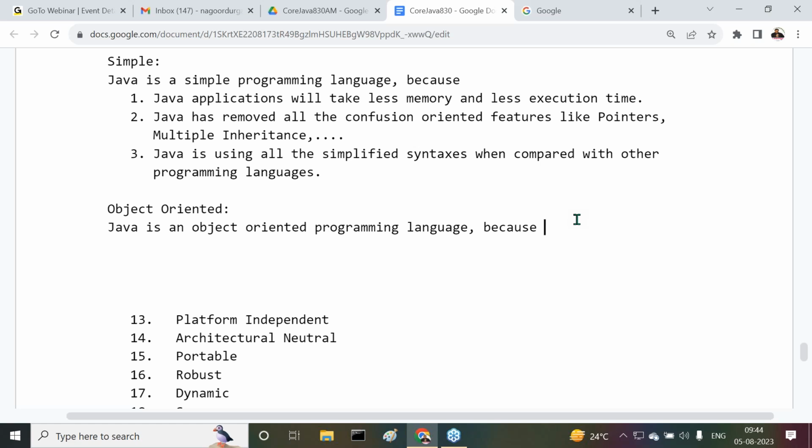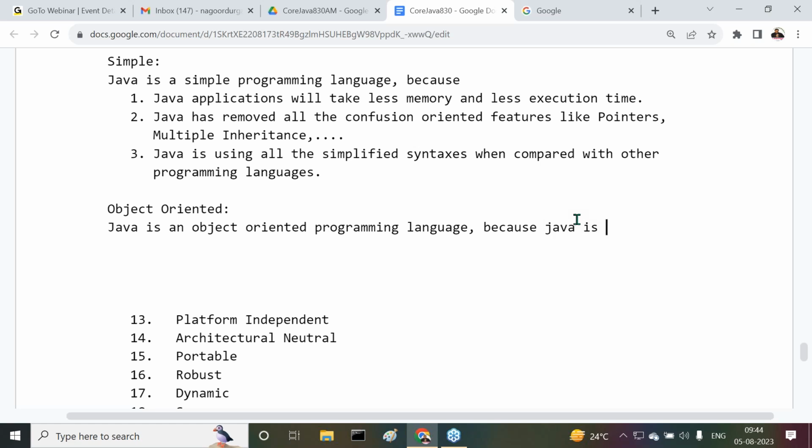If any programming language is representing data in the form of objects by following object oriented features like class, object, encapsulation, abstraction, inheritance, polymorphism, message passing, and so on, then that programming language is an object oriented programming language. So Java is an object oriented programming language. Why?